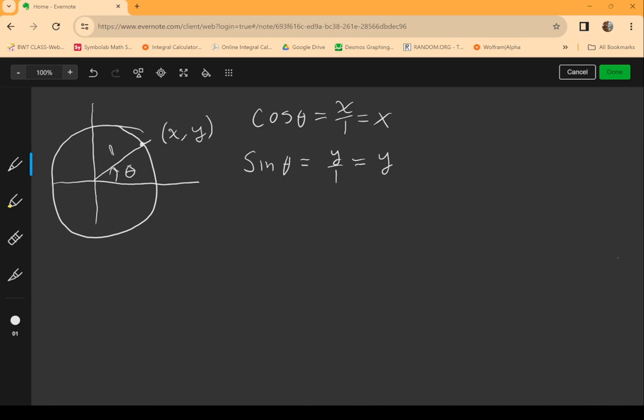Now, in terms of our reciprocal functions, we have the secant of theta is 1 over x, but also can be defined as 1 over cosine of theta, since x is equal to cosine theta. And the cosecant of theta is 1 over y, which we can define as 1 over the sine of theta.